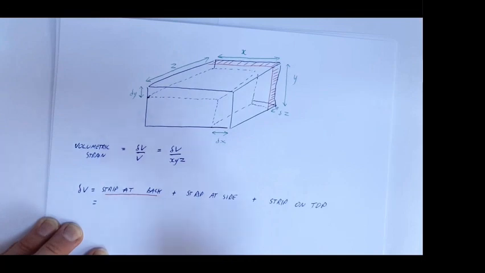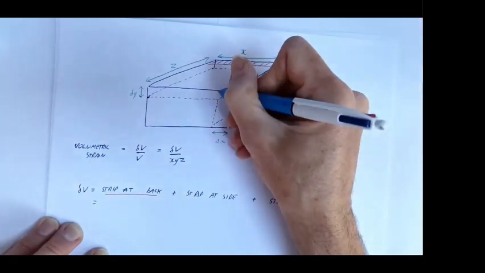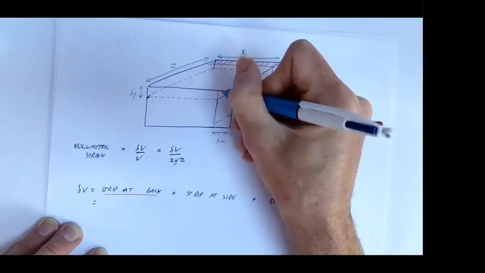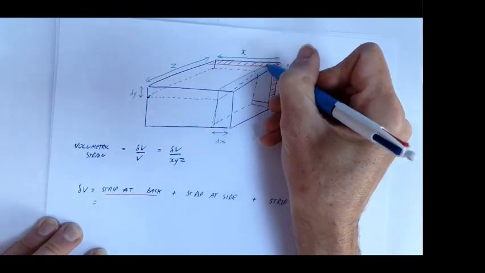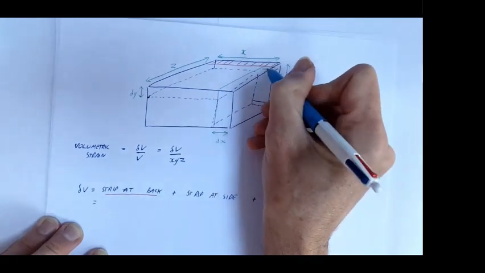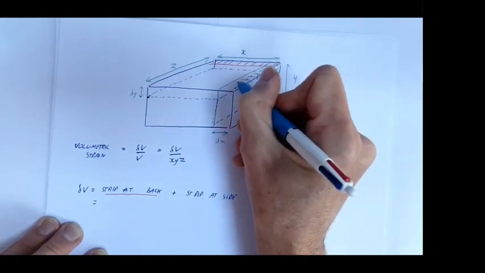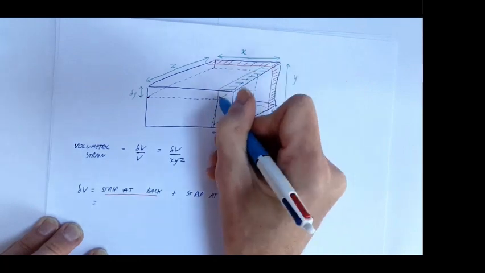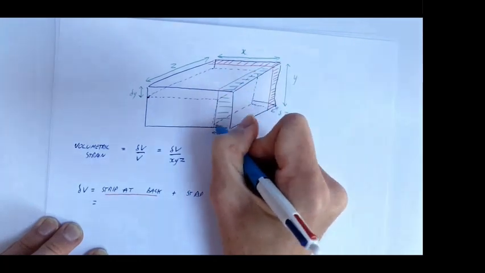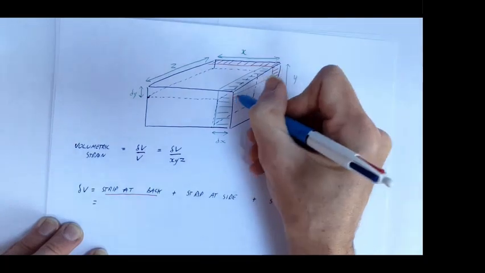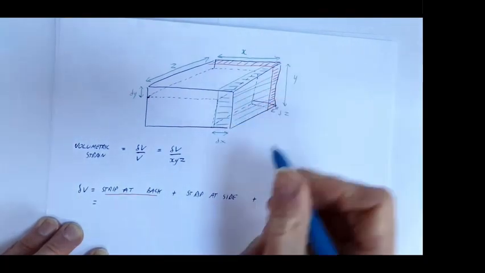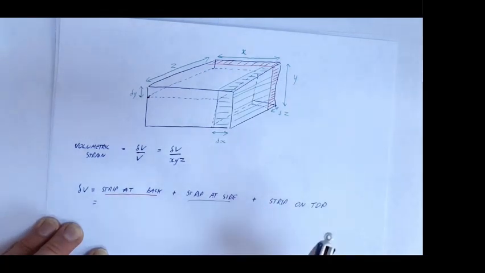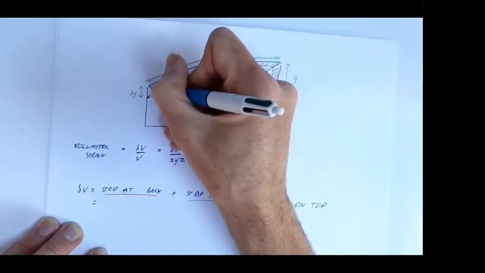Plus the strip at the side. What's the strip at the side? Well, it's this bit here, isn't it? Okay, I'll shade that in green. Strip at the side, plus the strip on top. This bit here.